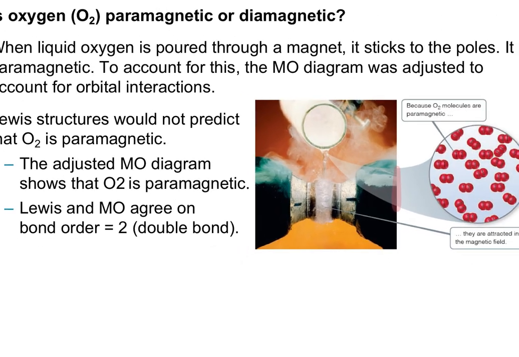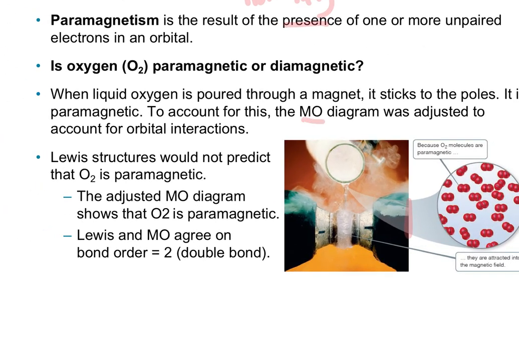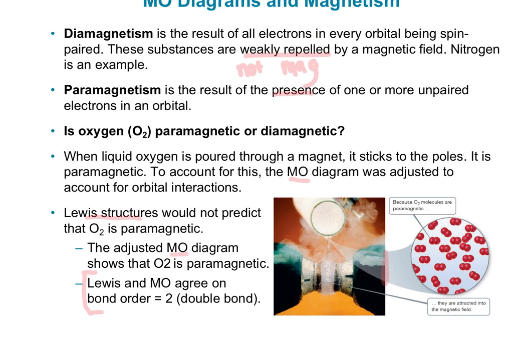So this is just an interaction that they actually adjusted the molecular orbital diagram to account for. Lewis structures, VSEPR, and even valence bond theory on their own do not predict it, but this MO diagram does. And then both of them do agree, Lewis as well as MO, that it is a bond order of 2, meaning it's a double bond.